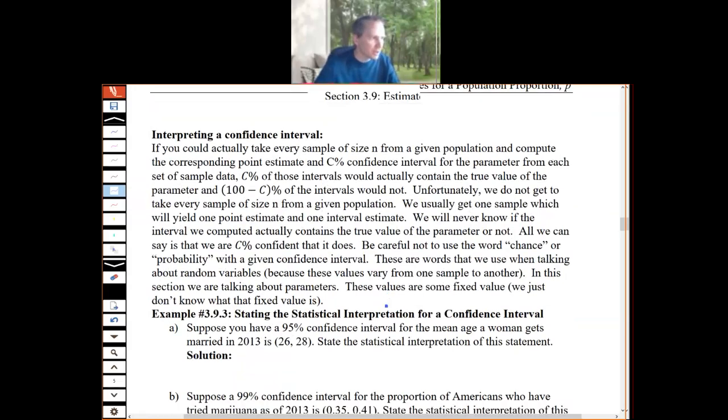So let's look at this in more detail, because these confidence intervals are confusing, and I want to be very careful about what we're saying. The idea is, if I could look at every single sample that we could take from the population, say I'm taking bags of peanut M&Ms and looking at 1,000 of them at a time, imagine every possible sample of 1,000 M&Ms in the world.